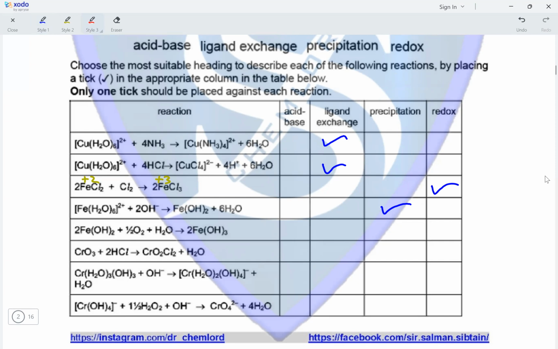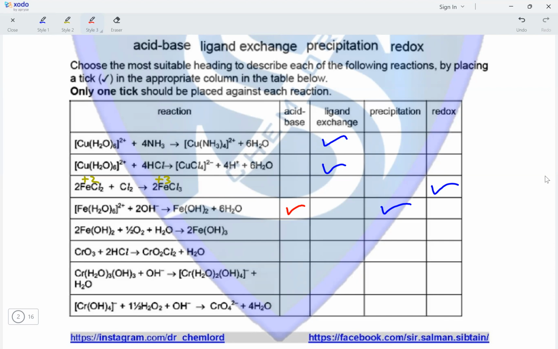But if we are going to call it an acid base reaction, then the question says just one tick is required. So either we place the tick in the acid base column or we place a tick in the precipitation column. We cannot place a tick in both. Next, Fe(OH)2 reacts with oxygen and water, producing Fe(OH)3. Here, we only have hydroxide ions as the ligands present, so there is no ligand exchange.